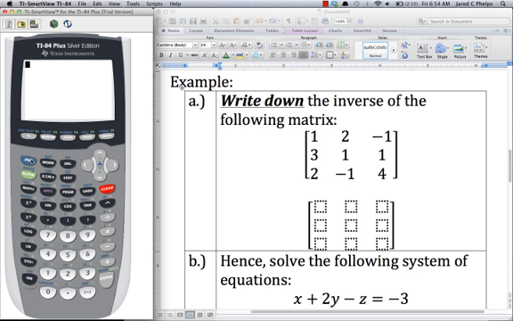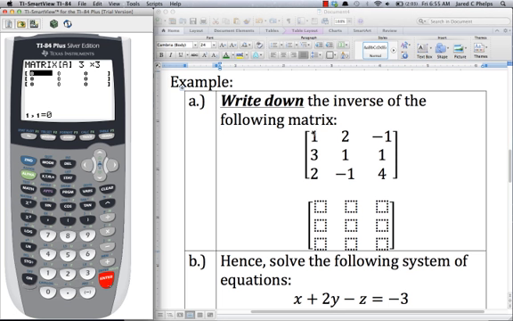If I hit second and then that button, it brings up the matrix menu. We scroll sideways twice to edit, pick matrix A, and tell the calculator this will be a 3 by 3 matrix. Sure enough, it tells us to put in all of our numbers.